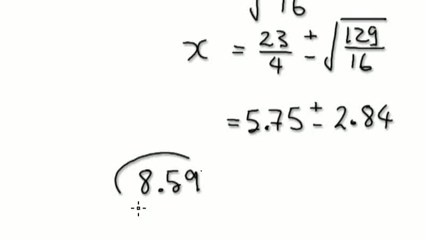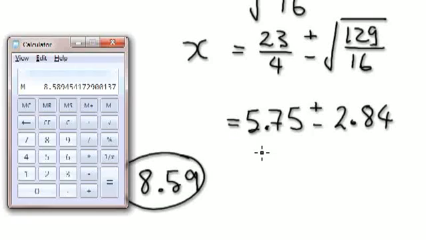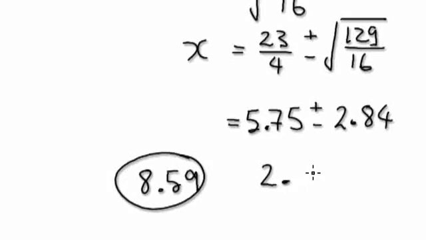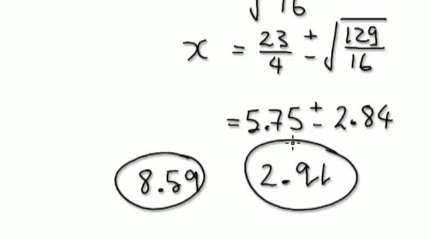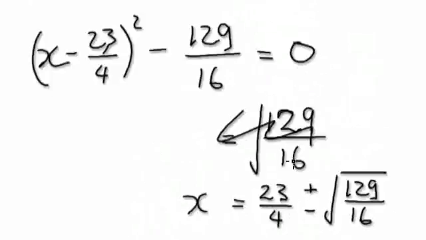The other solution would be 5.75 take away 2.84 equals 2.91. So looking at this, one solution is 8 point something, and the other solution is 2.91.